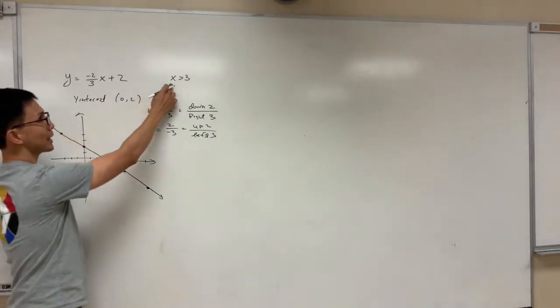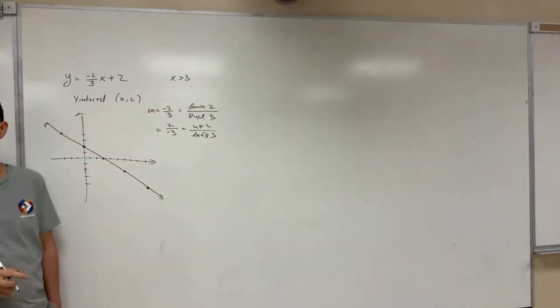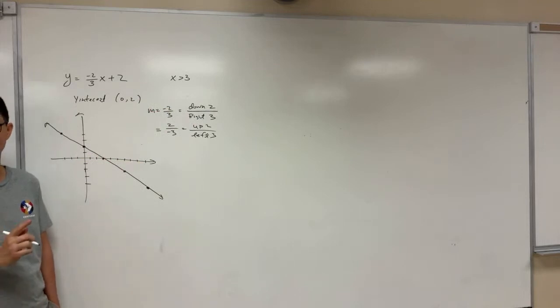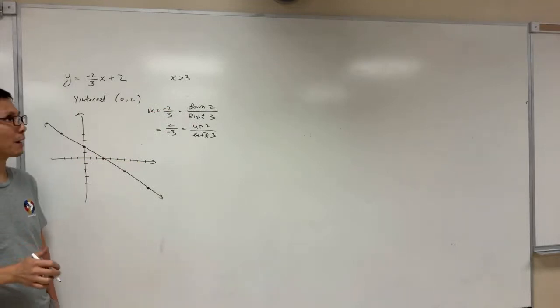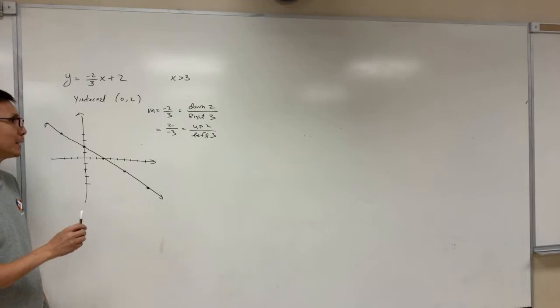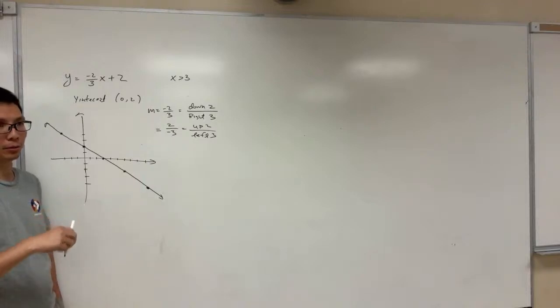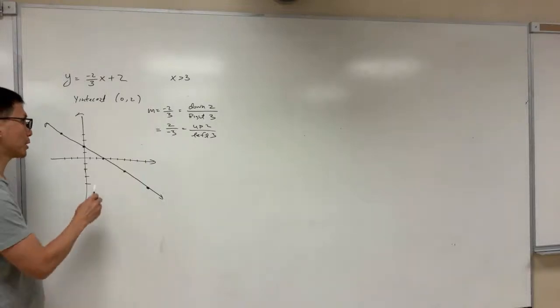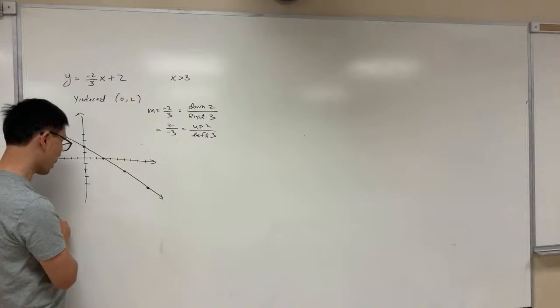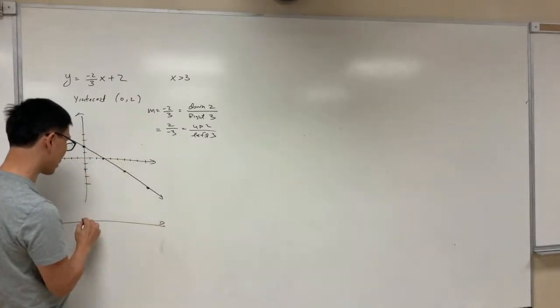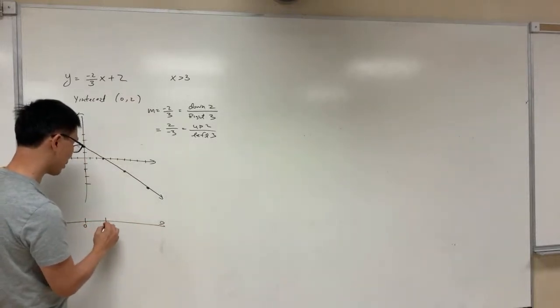Now if I say x greater than 3, this is the part that a lot of you have an issue with. X greater than 3 means I'm going to keep anything greater than 3, and anything less than 3 is thrown out. So it's going to start right here. On a number line, this one's 0, this side is 3.